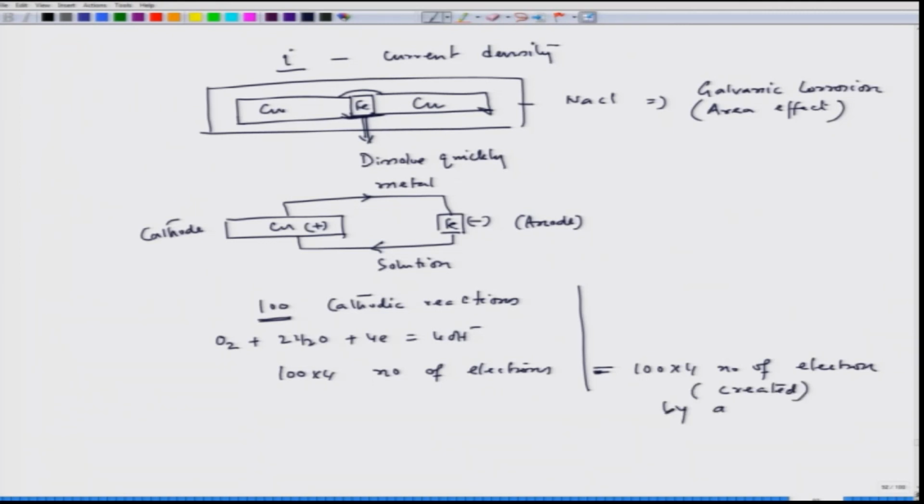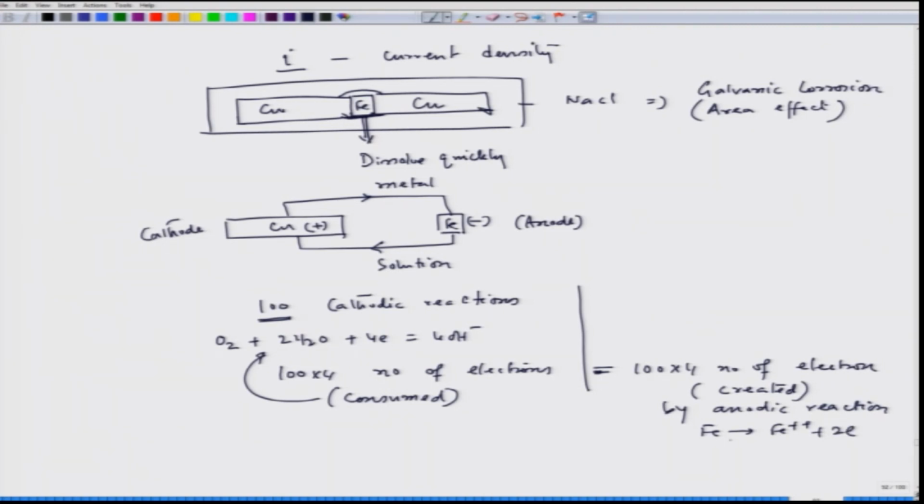So, these electrons should be created by the anodic reaction, and consumed by the cathodic reactions. Here the anodic reaction is Fe going to Fe2+ plus 2e.